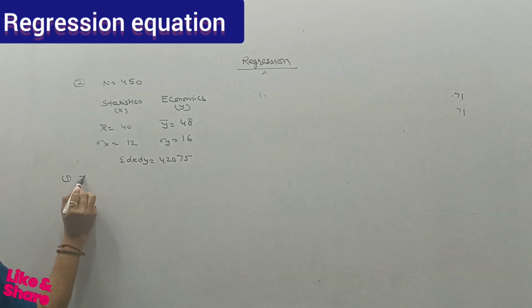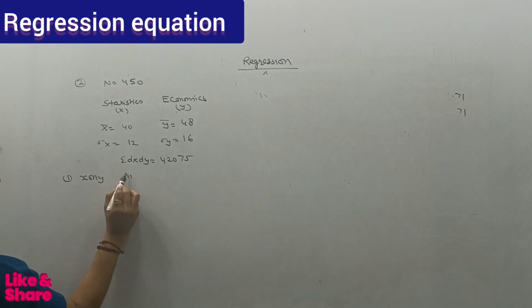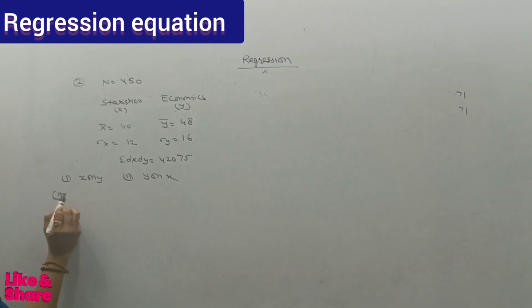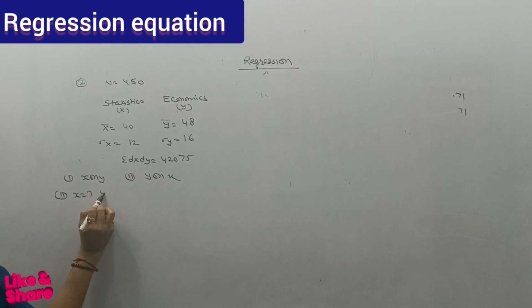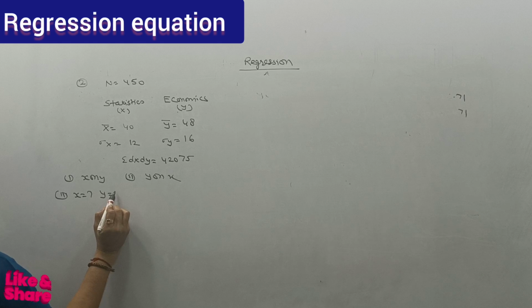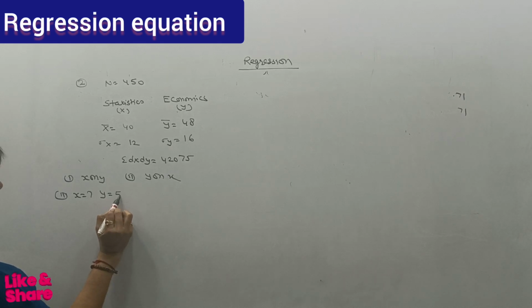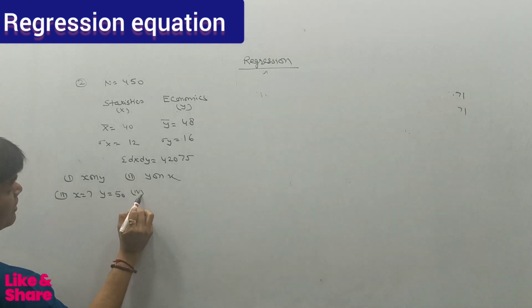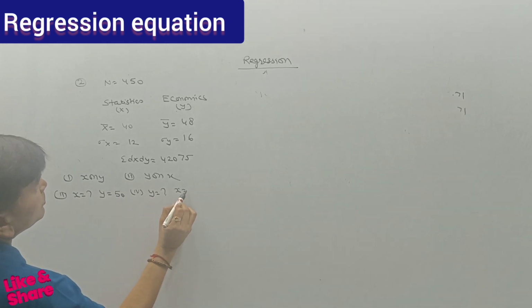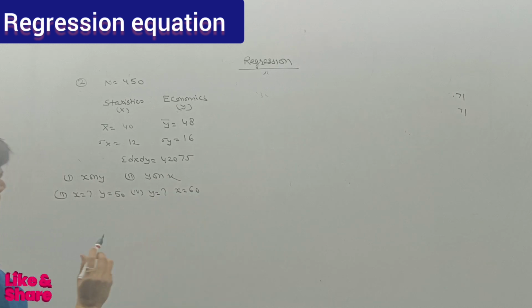First we are to calculate x on y, second we are to calculate y on x, third we are to calculate the value of x when marks in economics scored is 50, and fourth, marks in economics when a student scored 60 marks in statistics.